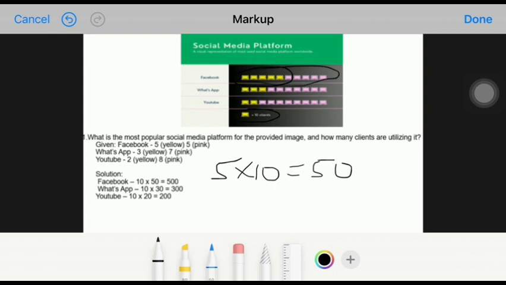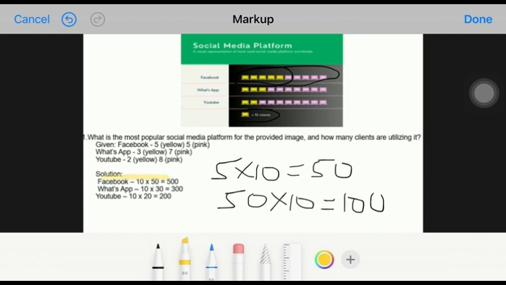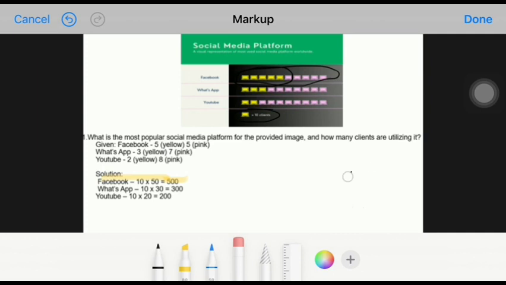We multiply it by 10 also because in overall, so 50 times 10 equals 500. So that's all. Let's highlight Facebook, 500. Erase. Same goes with WhatsApp.